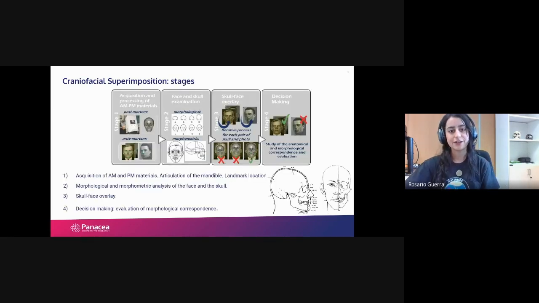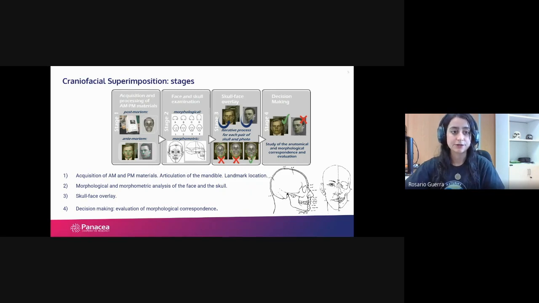Here we have a little summary of the main stages of the application of the technique. In the first stage, this is the acquisition and processing of antemortem and postmortem materials. There are a few tasks involved in this stage, so we will need to obtain antemortem photographs for comparison, as well as postmortem materials, which will be our 3D skull models.